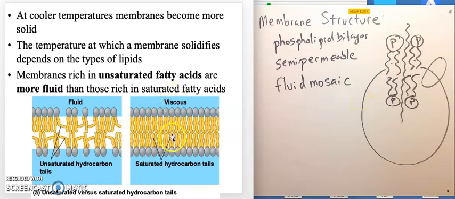It's harder for small molecules to move across here. On the other hand, if you have unsaturated fatty acids in the phospholipid tails, those double bonds kink the tails sideways and push the phospholipids further apart from one another. That makes the membrane more fluid, less viscous, and more permeable. It's easier for small molecules to squeeze across the cell membrane.